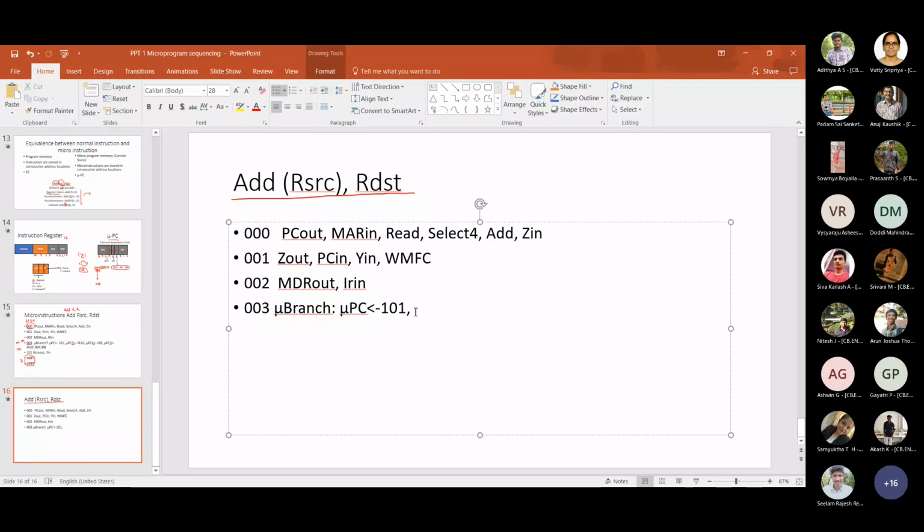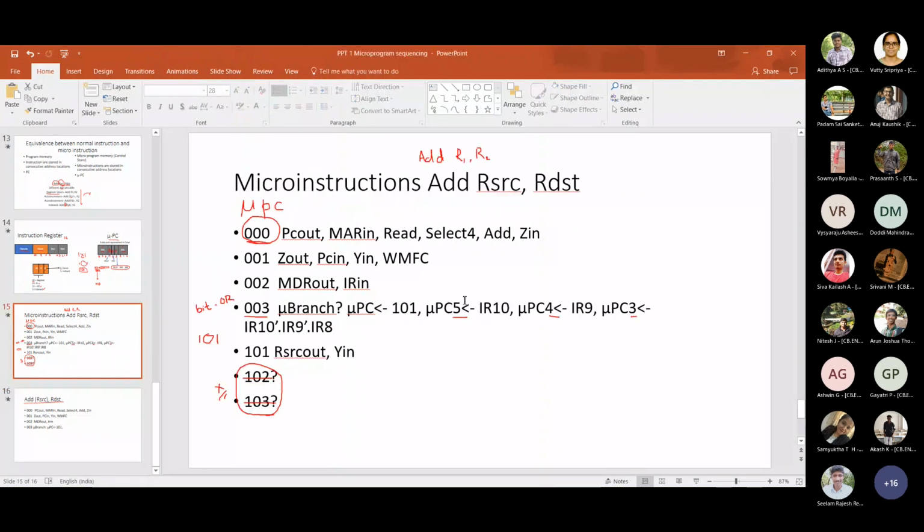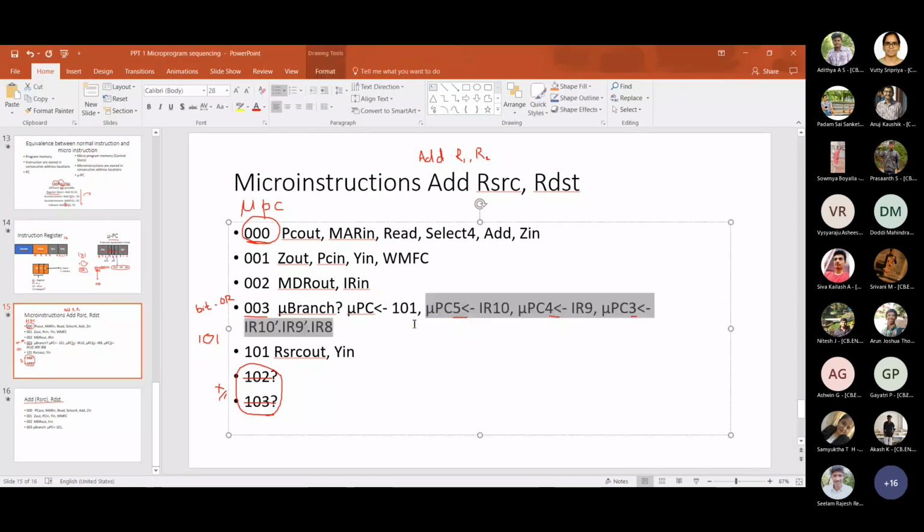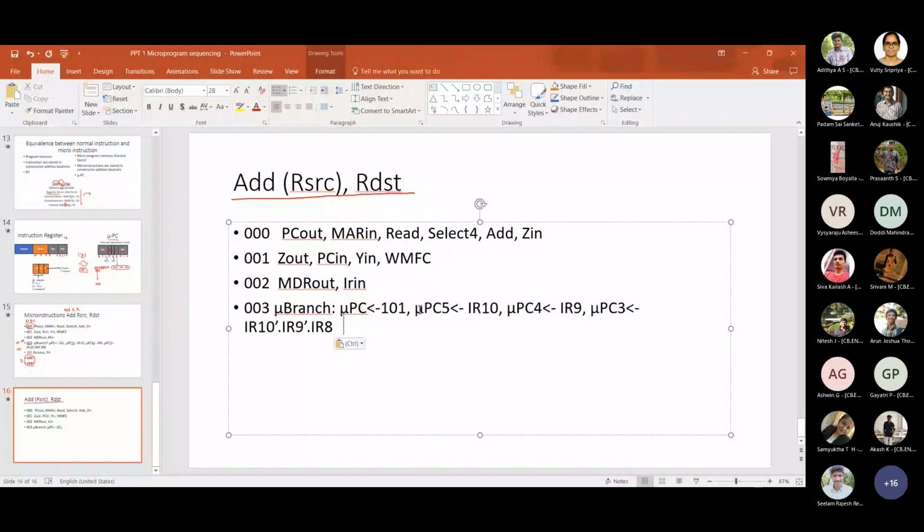MuPC is first loaded with 101. No matter what type of add instruction it is, MuPC will be first loaded with 101. Keep that in mind. Then only you decide what should be the value of MuPC 5, 4, and 3. So the mu branch instruction would look similar for any type of add instruction, but the next address location to which you are jumping would be different.